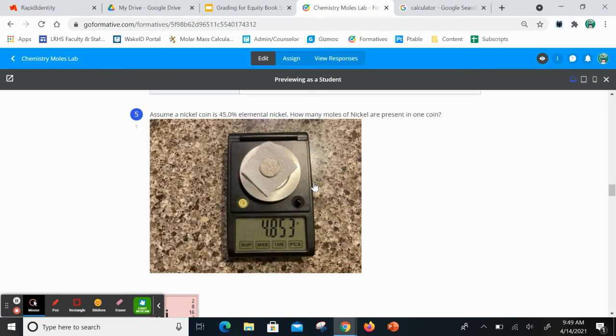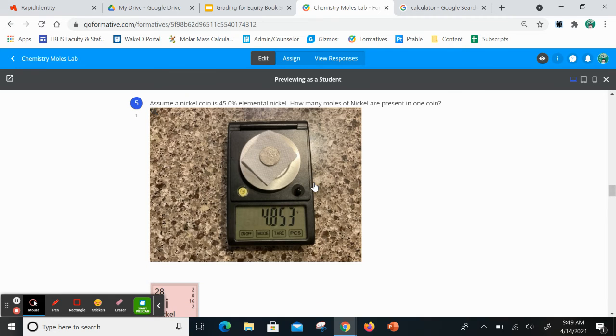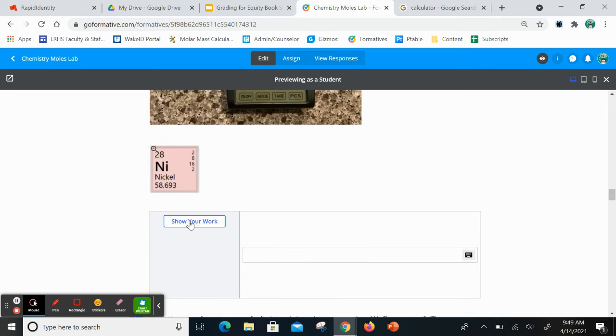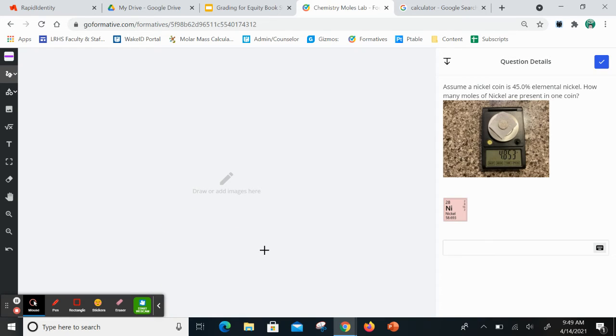All right, number 5. So this one's kind of hard. The element nickel. So here's a nickel. It weighs 4.853 grams, but 45% of it is actually nickel. So the way you do that problem is 4.853 grams times 45%.